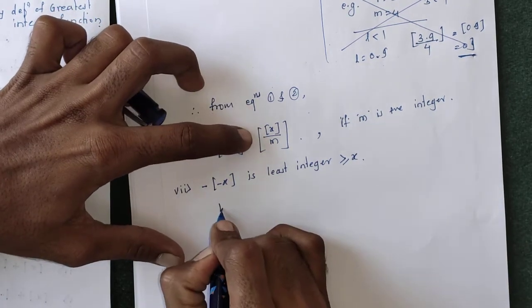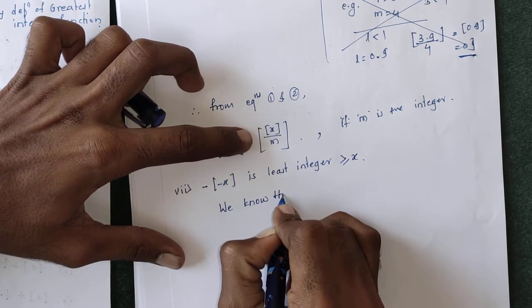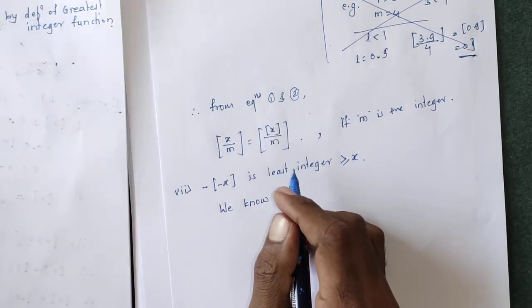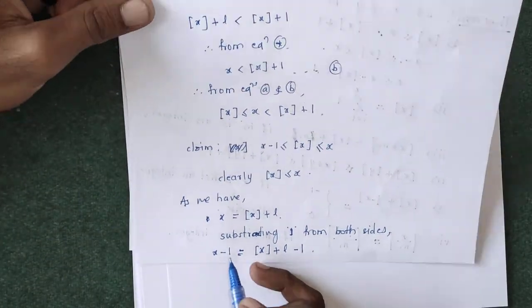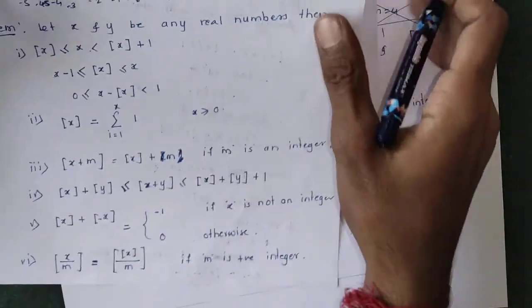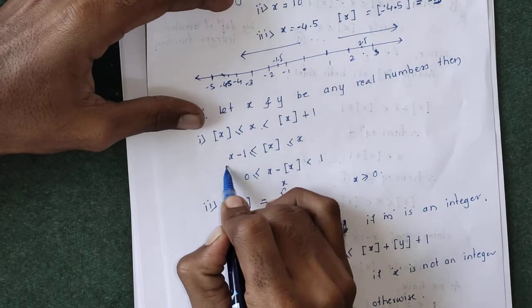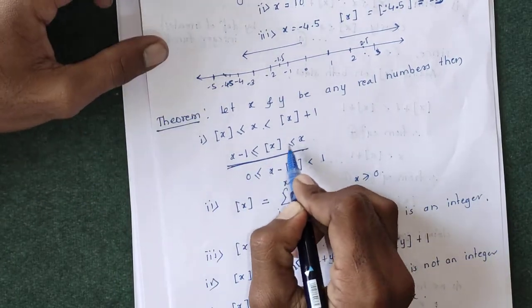We know that we have property number 1. The first property we have seen is that x minus 1 is less than or equal to the integral part of x, which is less than or equal to x.